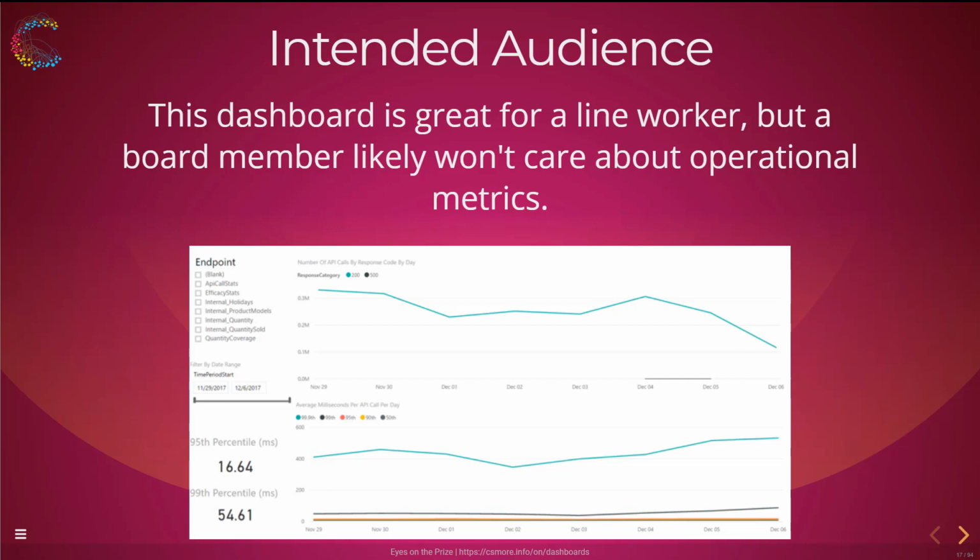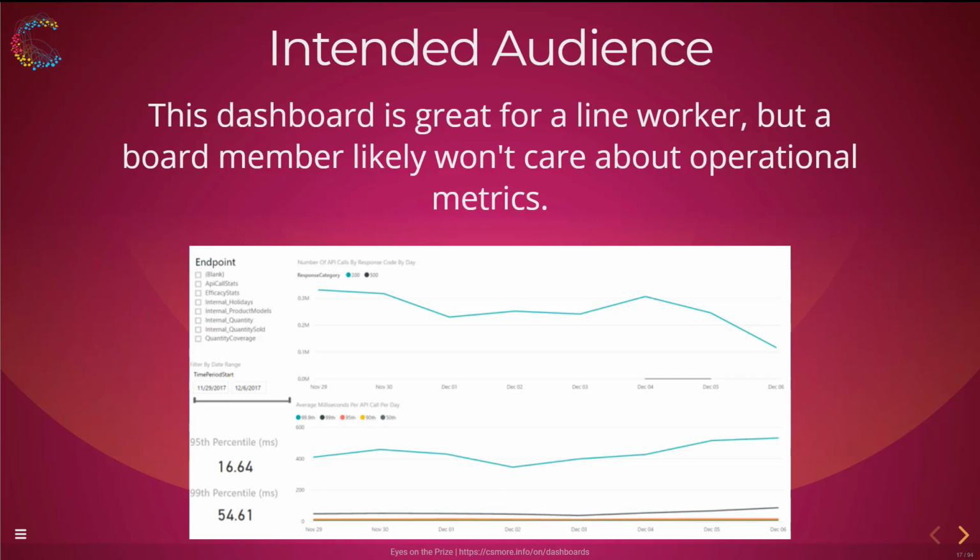Similarly, go to his boss, the chief operating officer. She's not going to care at all about this stuff, except to the extent that it affects strategic measures like customer churn. So she is not going to look at this dashboard. We don't want her looking at this dashboard. It's just a waste of time for her. We want to show her measures of, well, if we don't hit these KPIs, then here's what it does to customer churn.